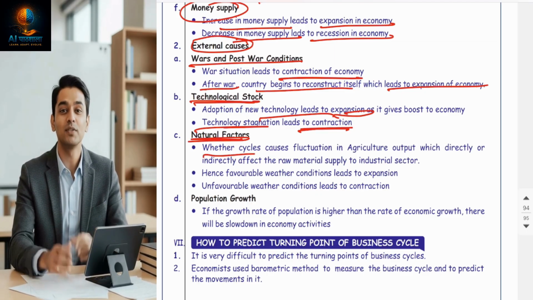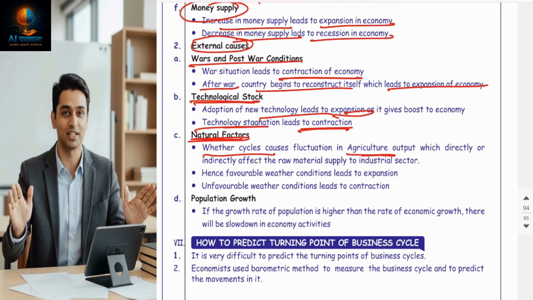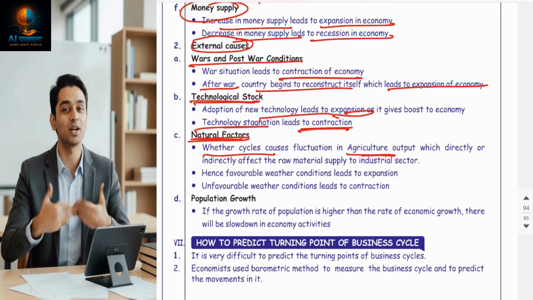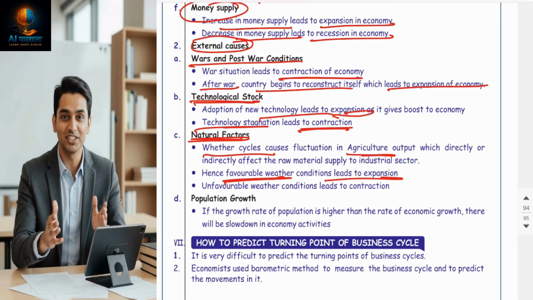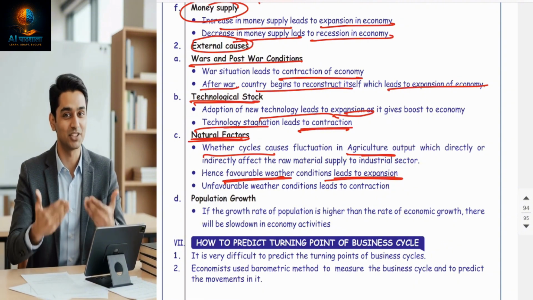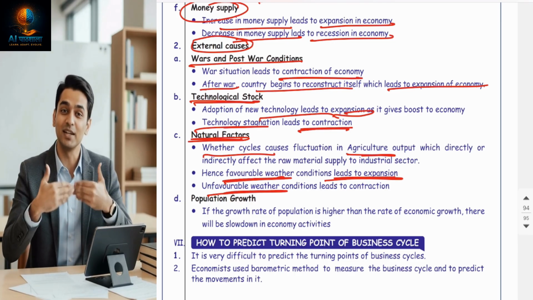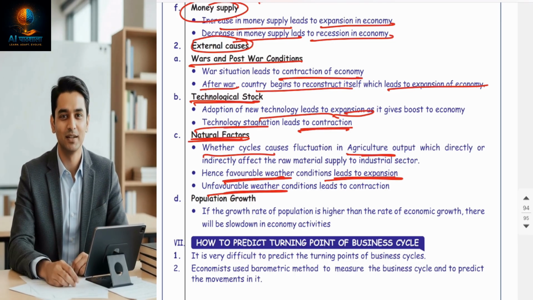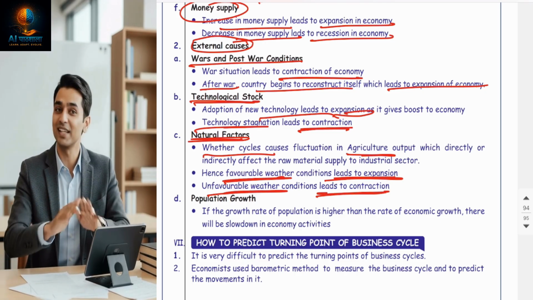Weather cycles cause fluctuation in agriculture output, and agriculture provides raw material, which is the base of any economy. If natural factors are favorable, it leads to expansion. But if they are unfavorable, bringing destruction like earthquake, cyclone, flood and infrastructure damage, it leads to contraction.